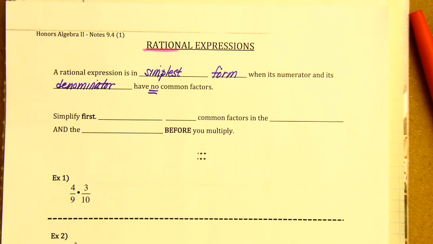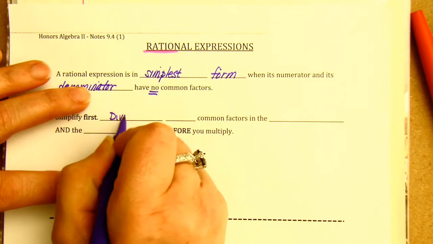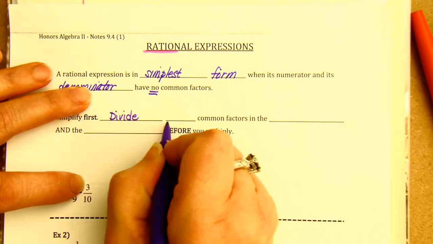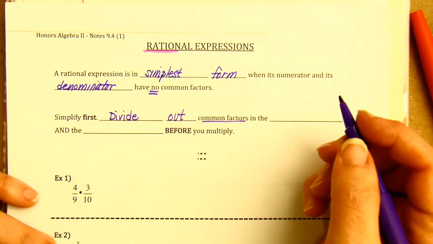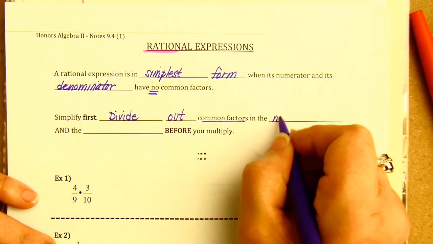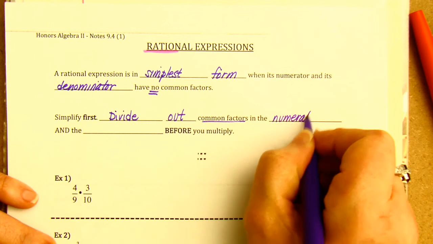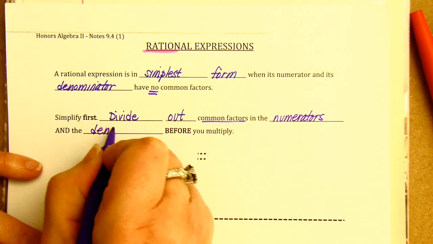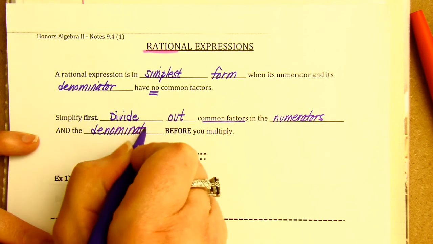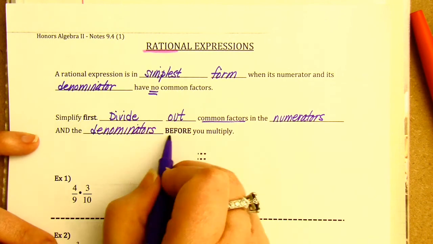You are going to have to divide out any common factors that the numerators and the denominators have before you multiply.